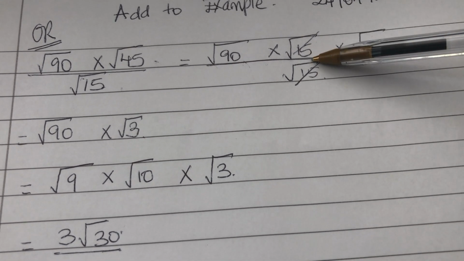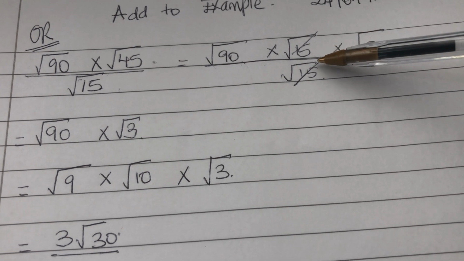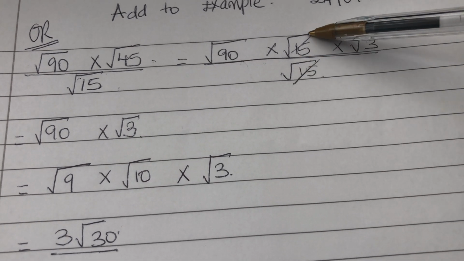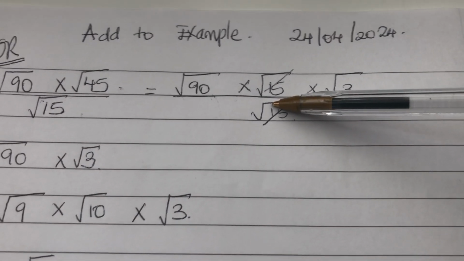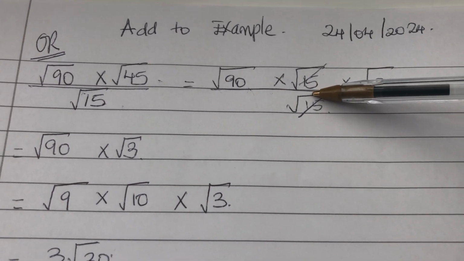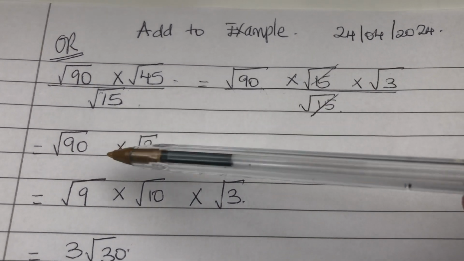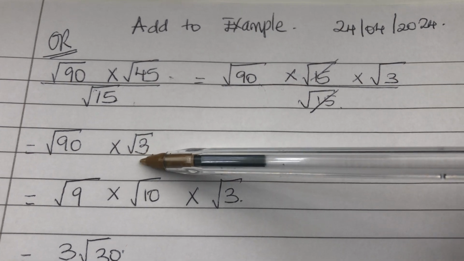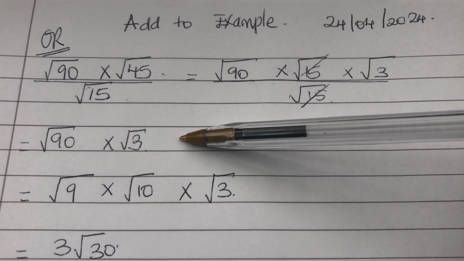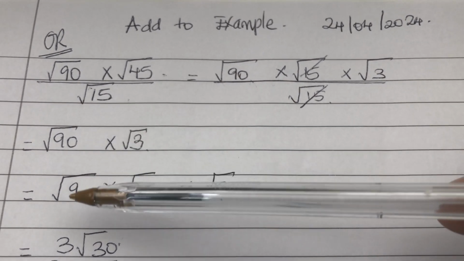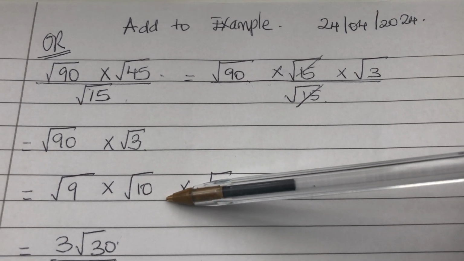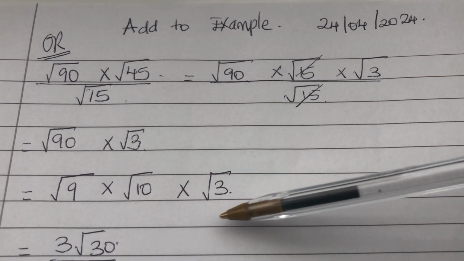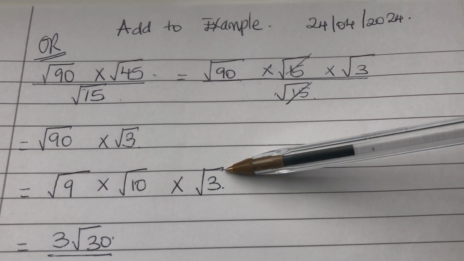So instead of breaking it down further, I cancel the root 15 out. Okay, I hope you can see that. So now I have root 90 times root 3. Root 90 is root 9 times root 10. Okay, and then I have root 3.